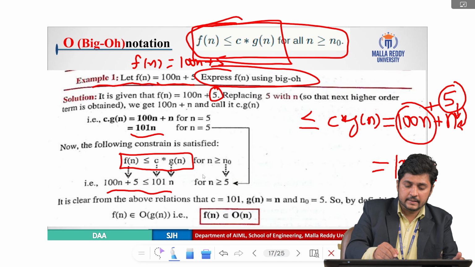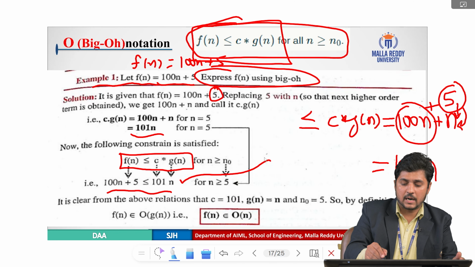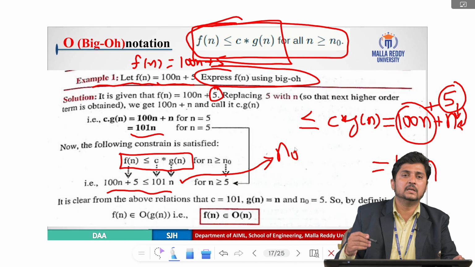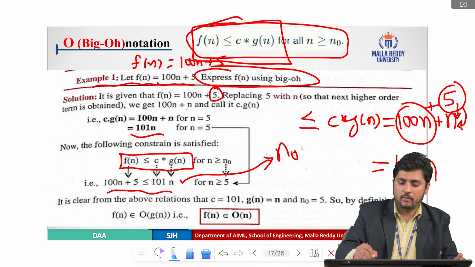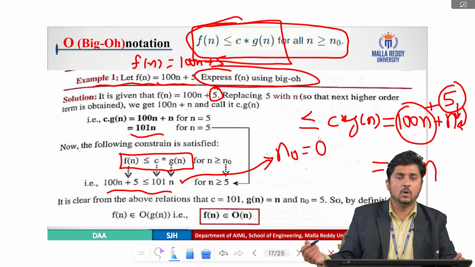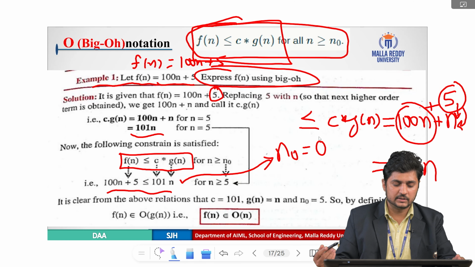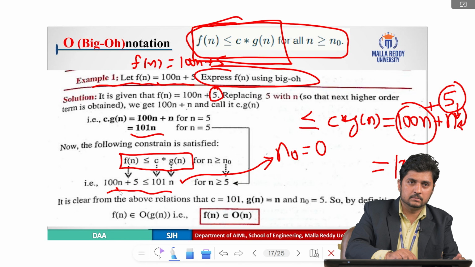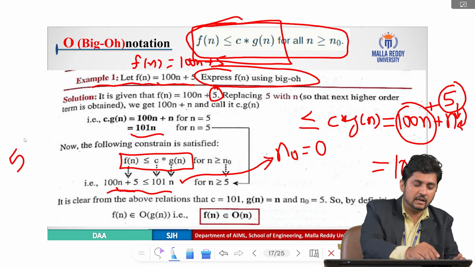Now we need to check this condition with a hypothesis, that is n naught. In the previous graph we saw n naught as the doesn't matter section. So now we check the n naught value with 0. What if we replace n with 0 in our definition? So 100 into 0 becomes 0 plus 5, so 5 is less than or equal to 101 into 0.